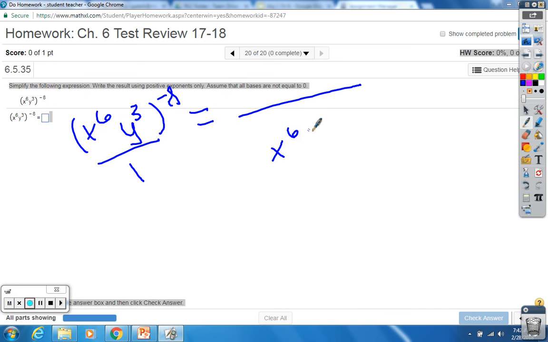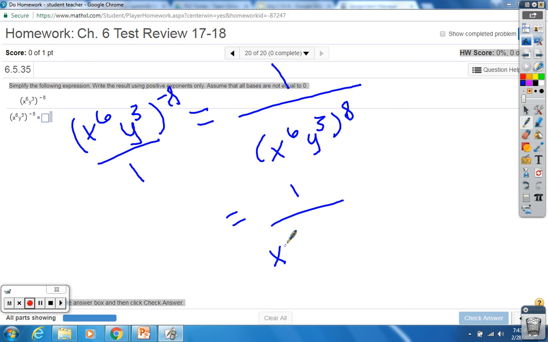So x to the 6th, y to the 3rd, to the 8th. Now notice that it's positive now. And then on my top, I'll have a placeholder of 1. Now I have to simplify that. So I'll leave that 1 on the top, and then you have to use the power rule here in order to distribute that 8 out to both the x and the y.